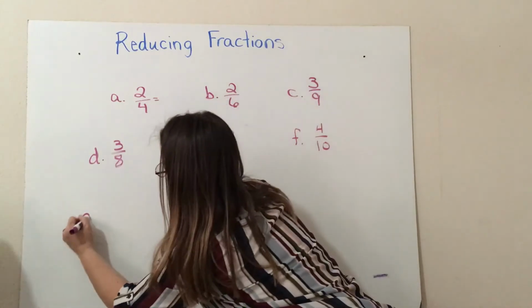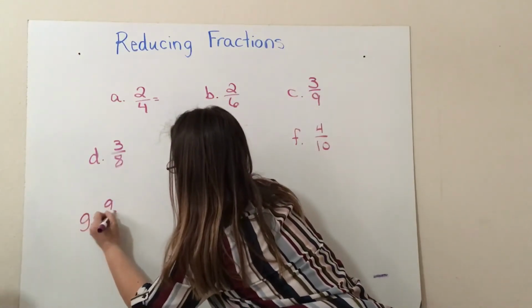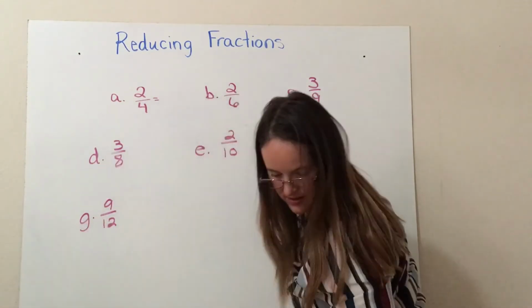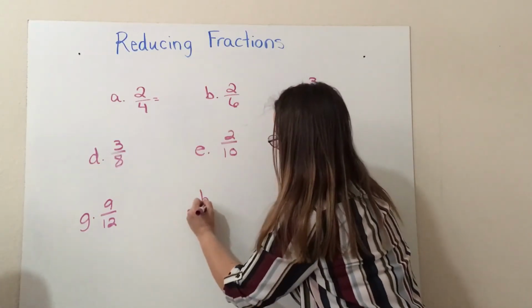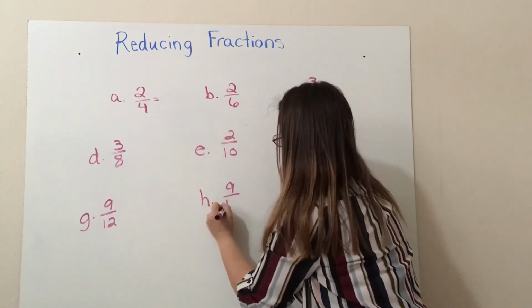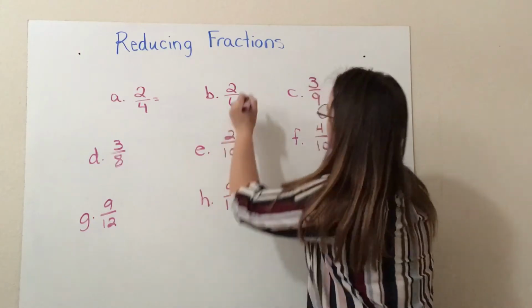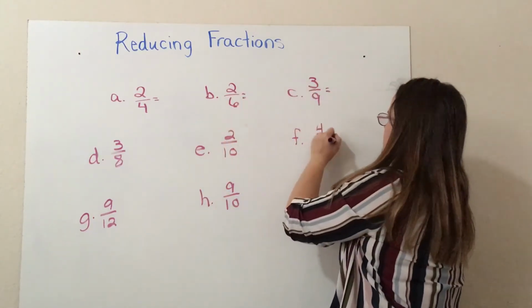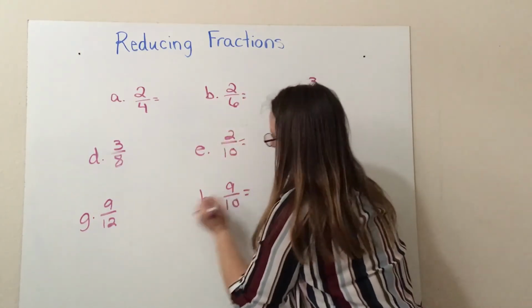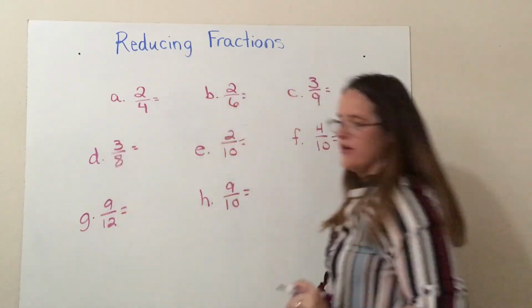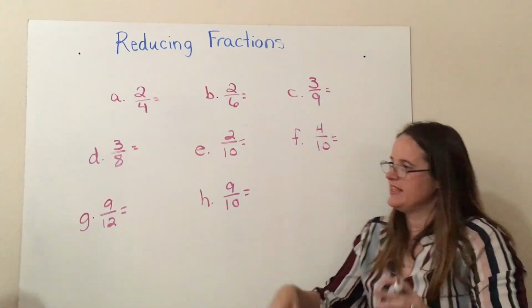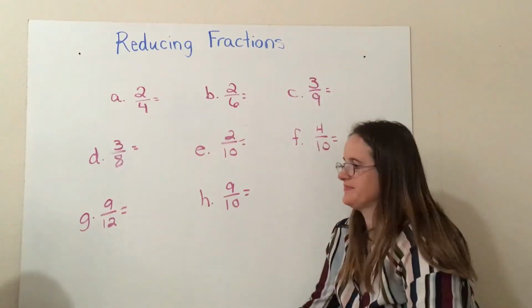G is 9/12. And H is 9/10. Okay, you should do an equal sign for each of these. All right, if you would practice this at home and then hit play, we'll go over the answer.